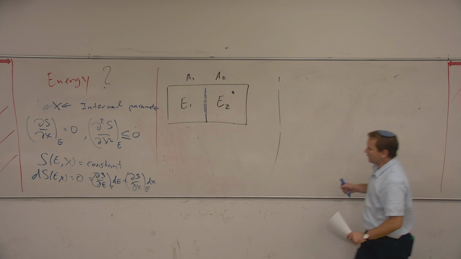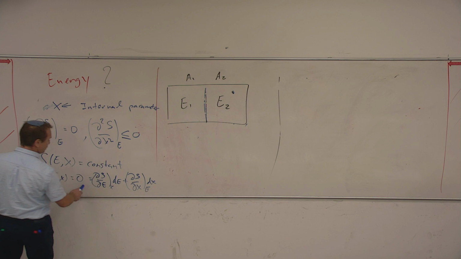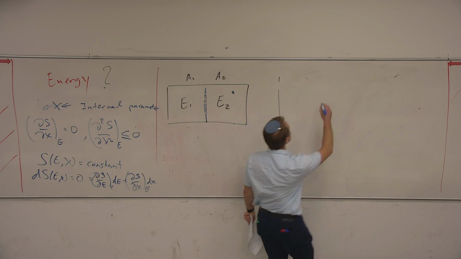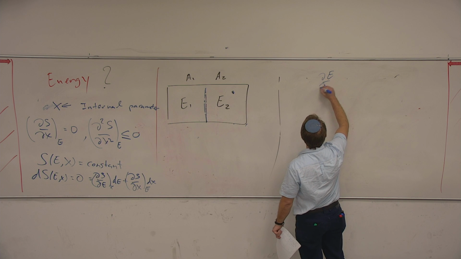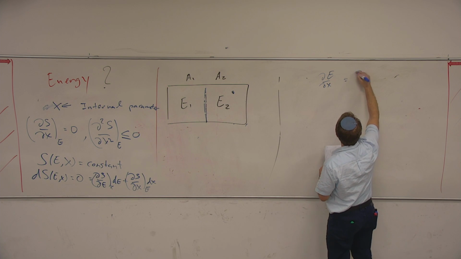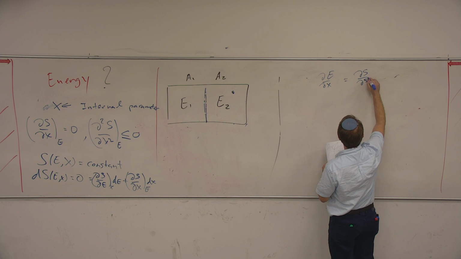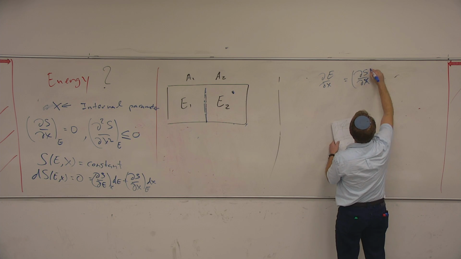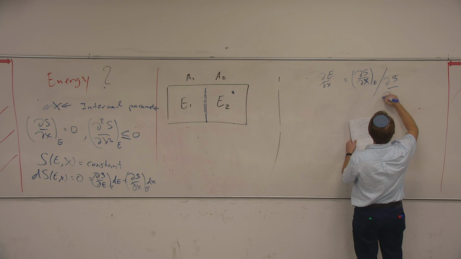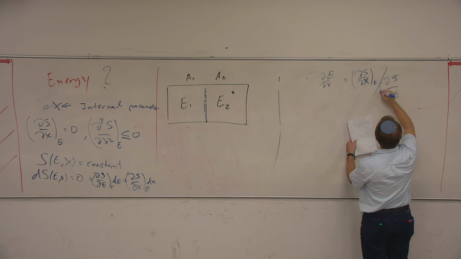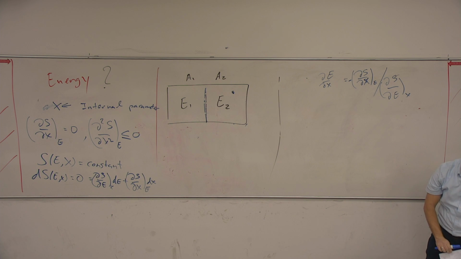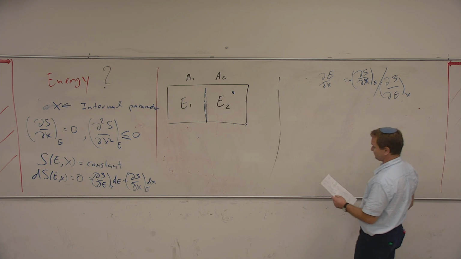All right. So what do we have here? 0 equals (∂S/∂x)dx + (∂S/∂E)dE. So we can obtain that ∂E/∂x equals minus (∂S/∂x at constant E) divided by (∂S/∂E at constant x).